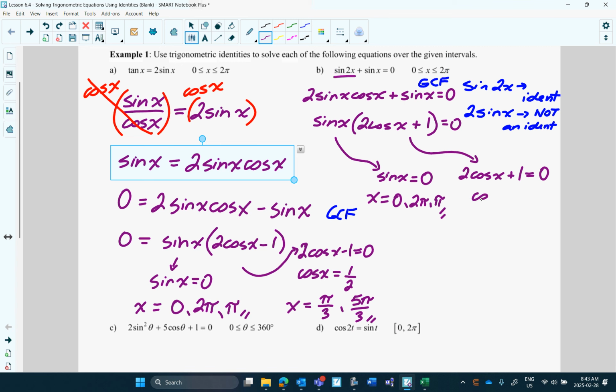This time cos x is going to be negative a half, not positive a half, which means those will be pi over 3s. But because it's negative, it's in quadrants 2 and 3. So that would be 2 pi over 3 and 4 pi over 3.